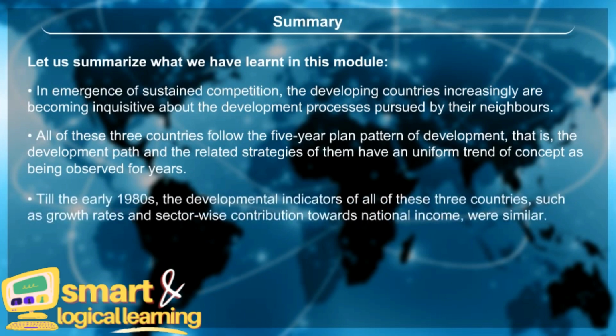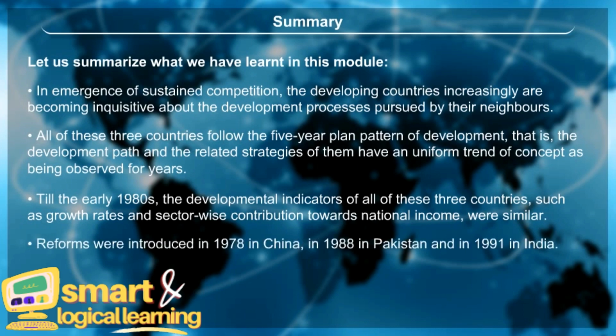Till the early 1980s, the developmental indicators of all these three countries, such as growth rate, a sector-wise contribution towards national income, were similar. Reforms were introduced in 1978 in China, in 1988 in Pakistan, and 1991 in India.